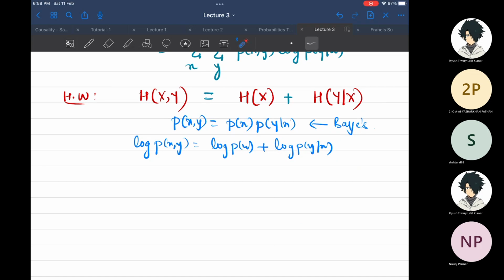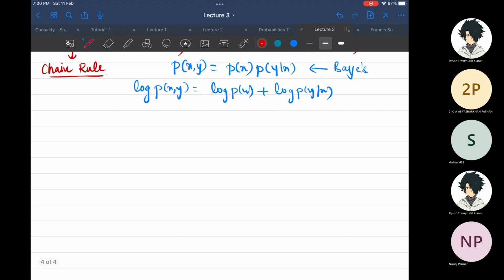Having said this, there is a special name to this formula. This homework is called the chain rule. I hope you can see why it is called chain rule. You had joint two variables, and you decomposed it into a chain of x, y given x, and things like that.